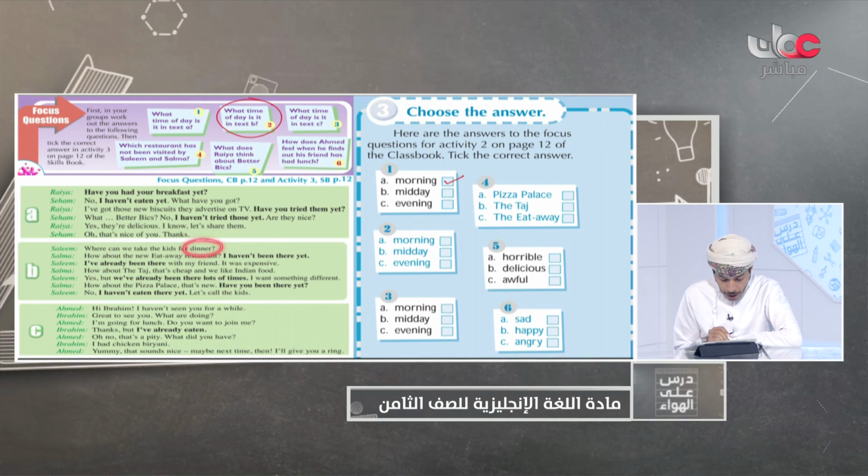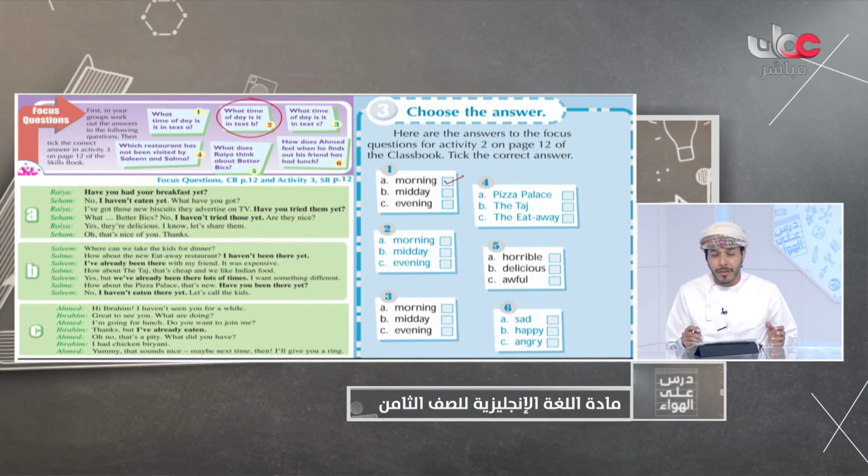And here we have dinner, of course. From the first sentence, we can identify at what time exactly. And they are, of course, talking about dinner. Do you eat dinner in the morning? Of course not. We eat it in the evening. Okay, so the answer is going to be evening.